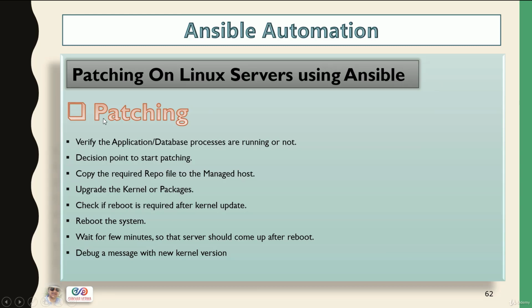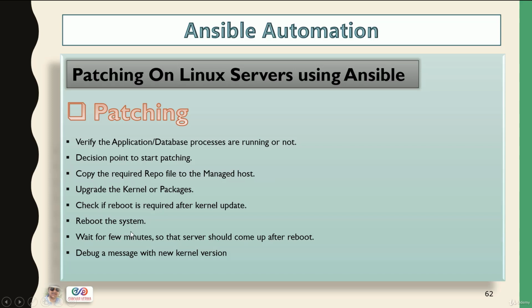So I had created a simple playbook. First it is going to verify the application, then a decision point, whether it should stop or move further, and if everything is fine, the first task is to copy the required repo file to the managed host, and then it is going to upgrade the kernel, check if reboot is required after the kernel update, and reboot the system.